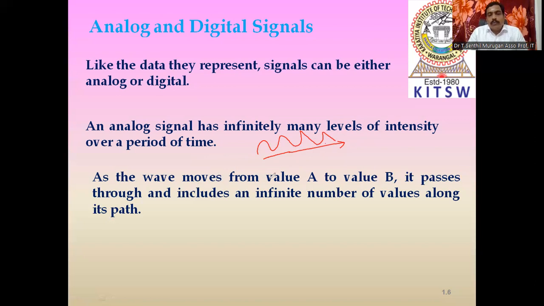As the wave moves from a value A to a value B, it passes through and includes an infinite number of values along its path. So this is A, this is B. In between, during this time, the waves are transmitted. So this is analog signals.